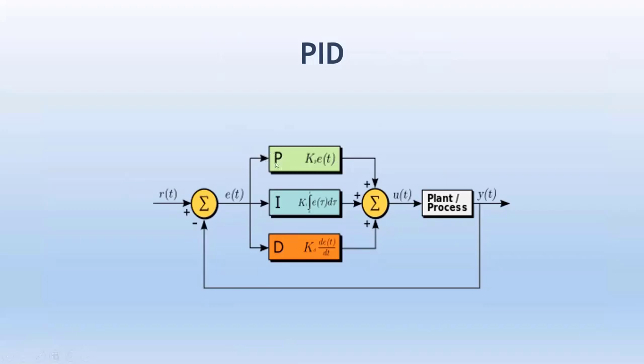But for now, just understand P, I, and D. This PID block would decide how much needs to be regulated, how much the control valve needs to be open in the case of flow control that you saw in the previous example.